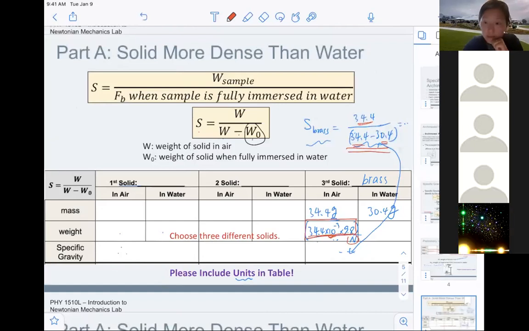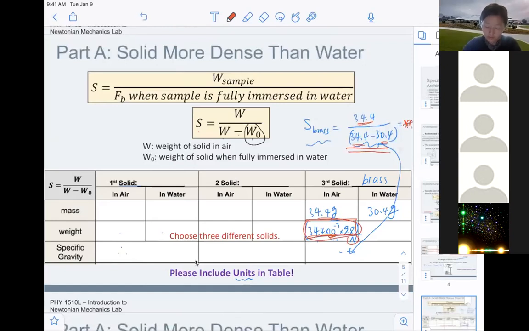Professor, for the specific gravity, where the arrow is, do you want us to actually solve that equation or just leave that one as well? Oh, for this, yes, you do have to get the number. Okay. And then for the in water weight, do we also use the 30.4 times 10 to negative 3 times 9.8?